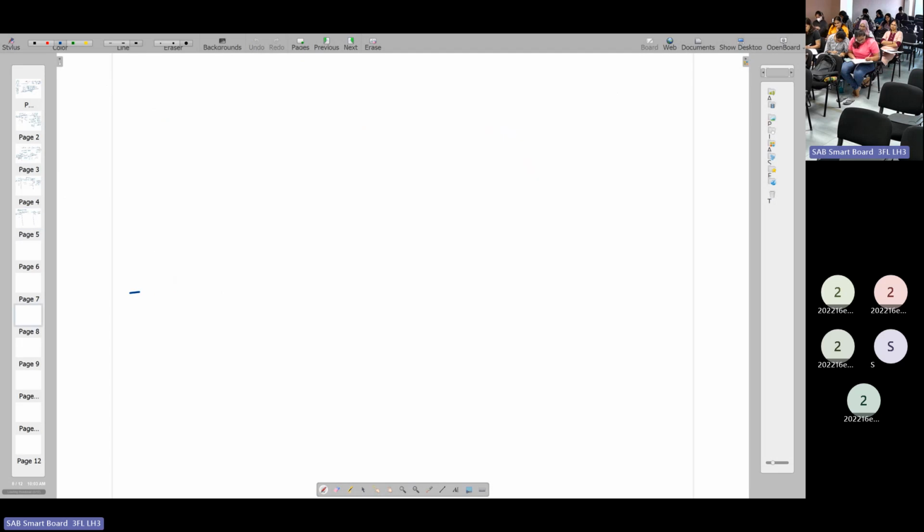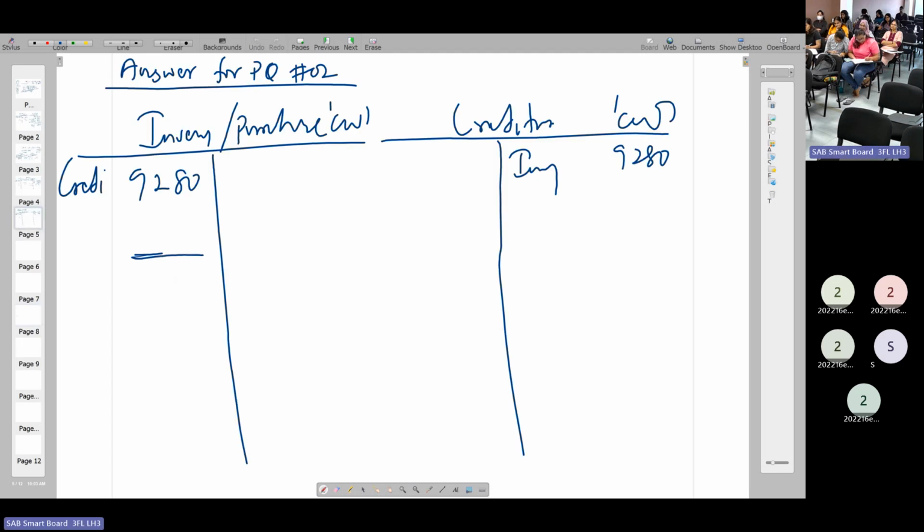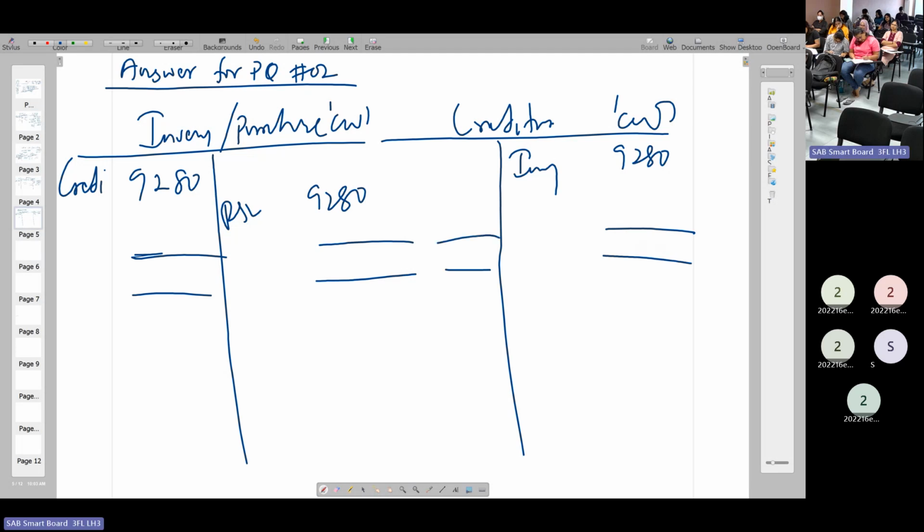This should be charged to P&L, or else carried forward or brought forward if this is in inventory. At the reporting date, what you should do is 80,000 into 120, giving 9,600.